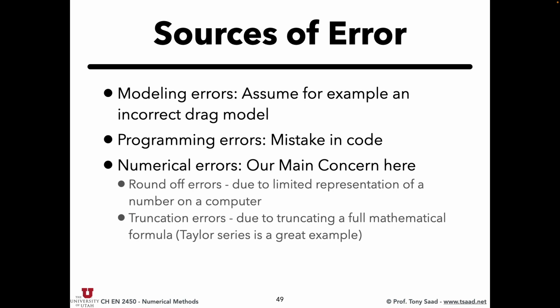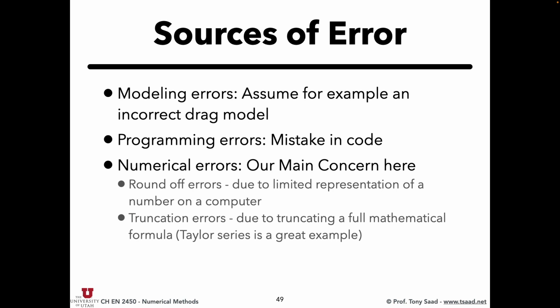Everything that we left off is truncation error, because we took an exact mathematical expression and truncated it to a desired number of terms. How we choose that number of terms is a different question. But everything that we left off is an error compared to what we think the truth is, okay?